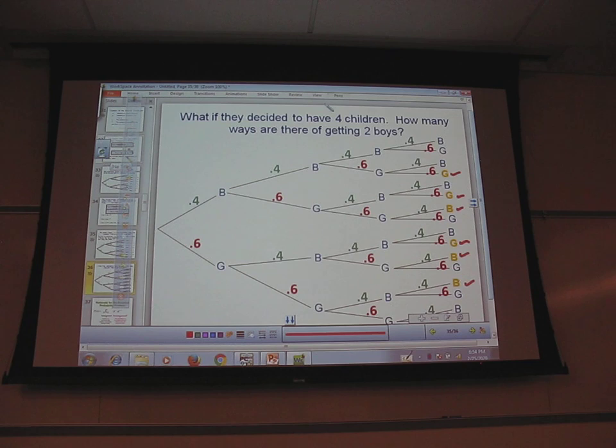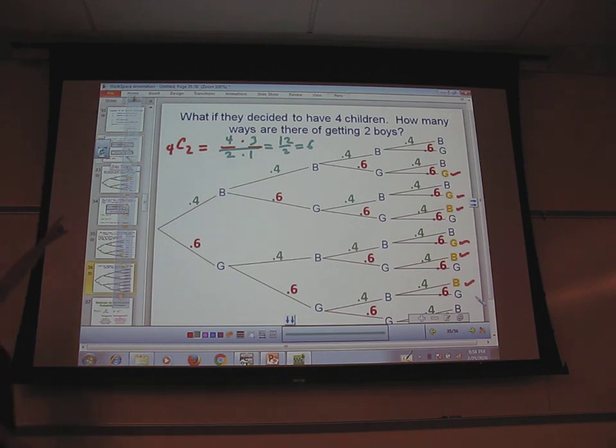I have 4 children and I'm randomly choosing 2. So 4 choose 2. Do you guys remember how that went? 4 times 3 divided by 2 times 1, so that's 12 over 2, which is 6. Does that make sense?